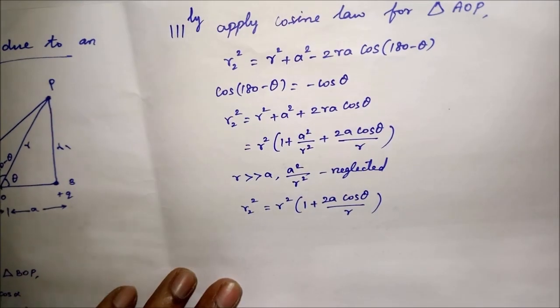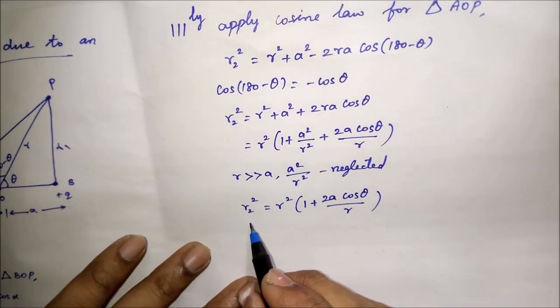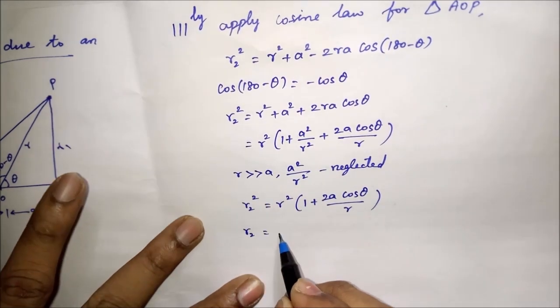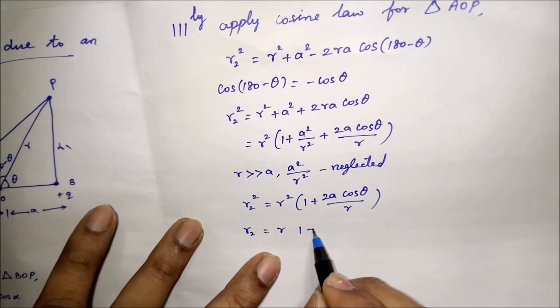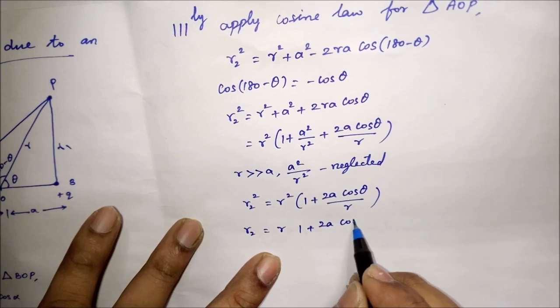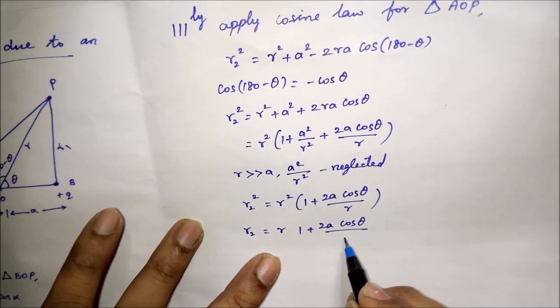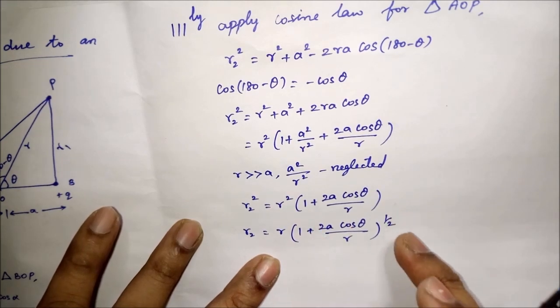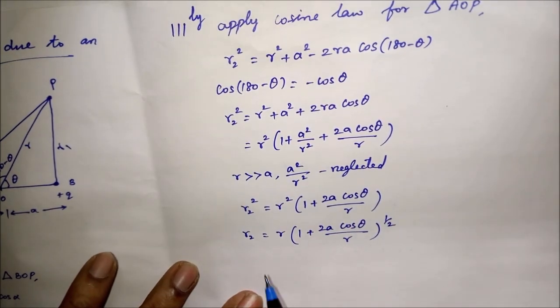Next we have to take the square root on both sides. Then r2 is equal to r times (1 plus 2a cos theta divided by r) to the power 1 by 2. That square root is written in terms of power 1 by 2.